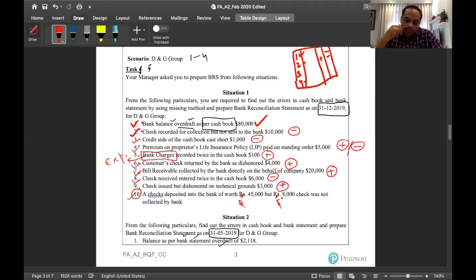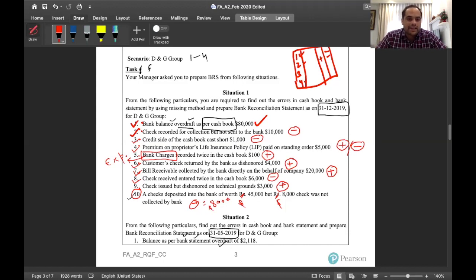Negative. If negative, then how much? 8,000. Everybody, 8,000 negative. Negative 8,000. Anybody got another amount for transaction 10? Okay.